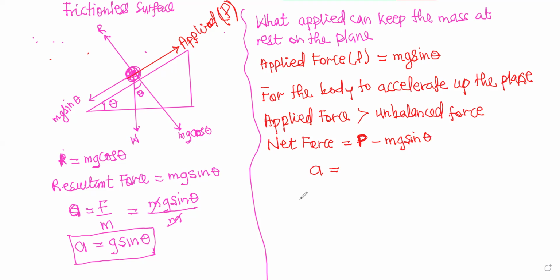The acceleration will be P minus mg sin theta. Exactly. So P minus mg sine theta all divided by the mass. That will be the equation for the acceleration when the body accelerates up the plane.